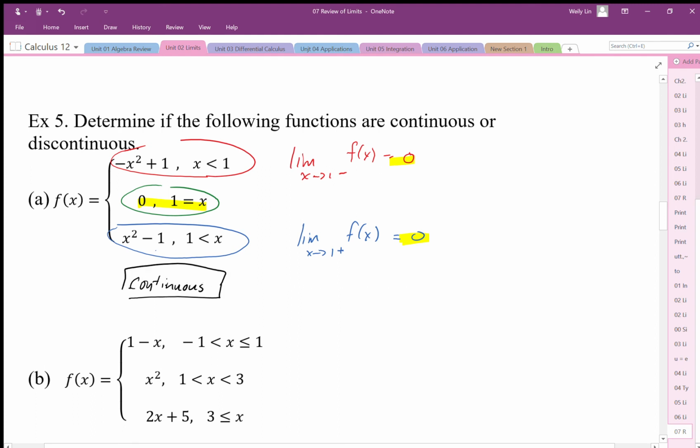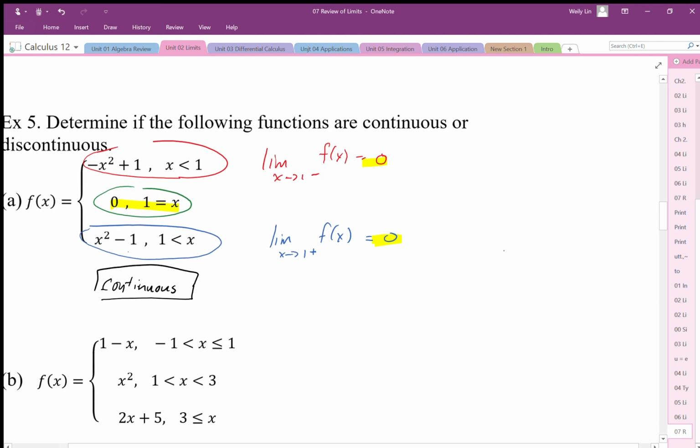If I were to graph this, this is an upside down parabola. It's going to look like this, a parabola that looks like that. And then it's going to be the right side up parabola, that's actually just going to be in red here. We're going to have a point at x equals 1.